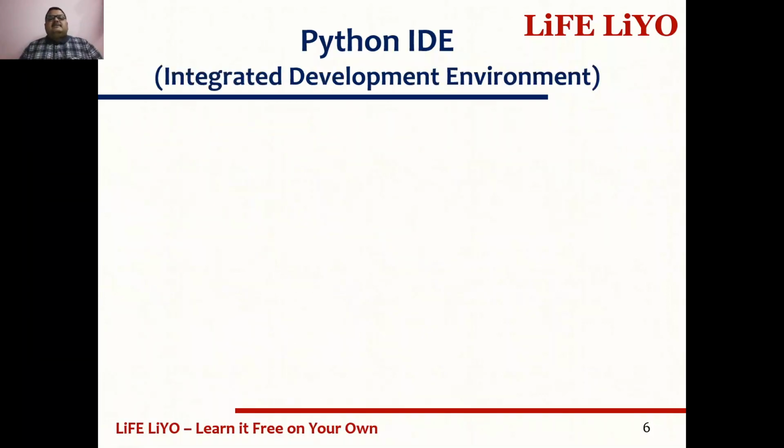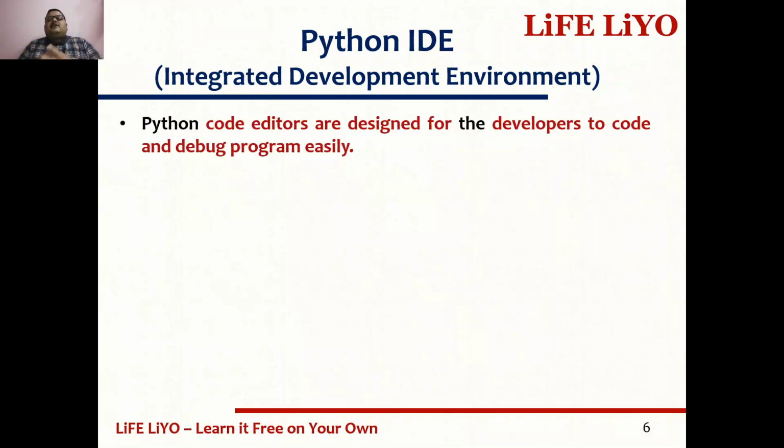Like this, Python IDEs are there, that is integrated development environments. So what do integrated development environments mean? These are nothing but code editors specifically designed for developers for writing code and debugging their programs easily.